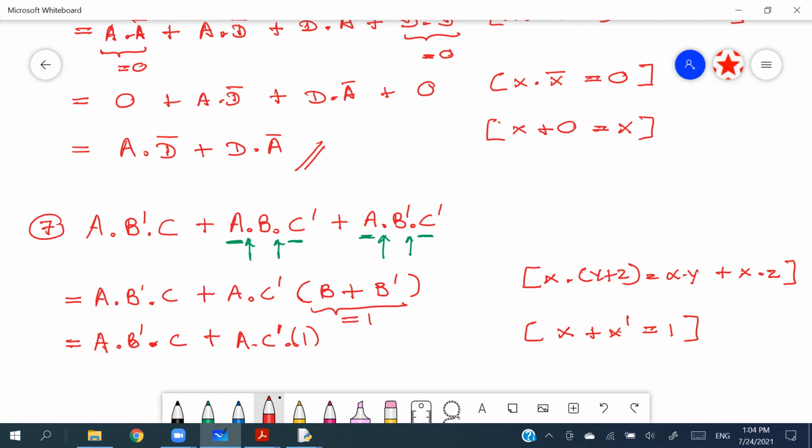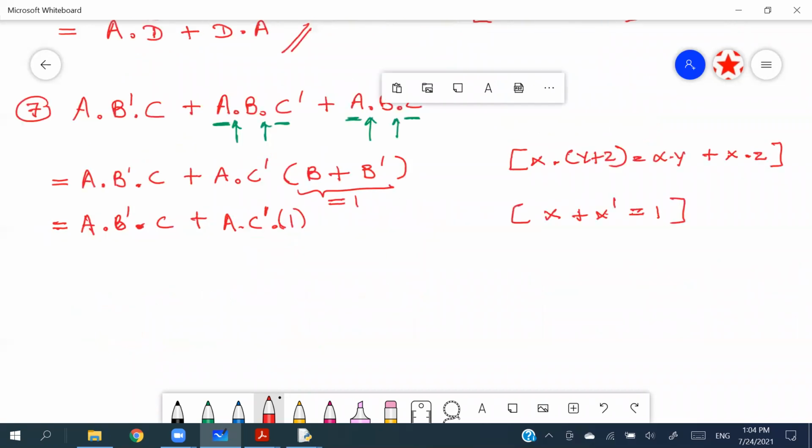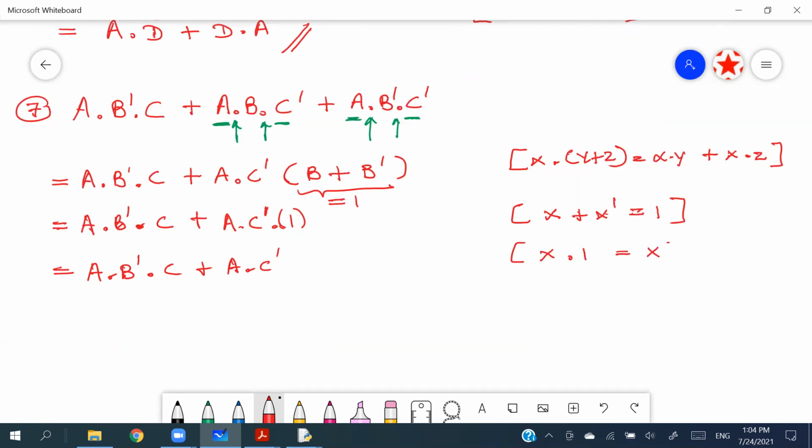Then we can go with the x dot 1 equals x law. So the third step is A dot B bar dot C plus A dot C bar, saying x dot 1 equals x.